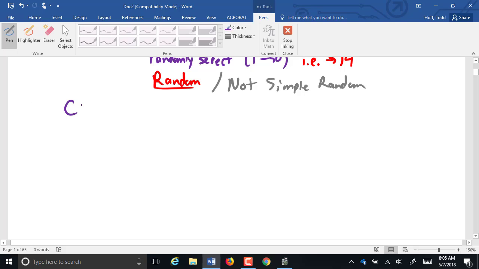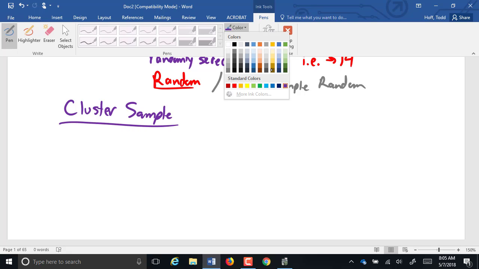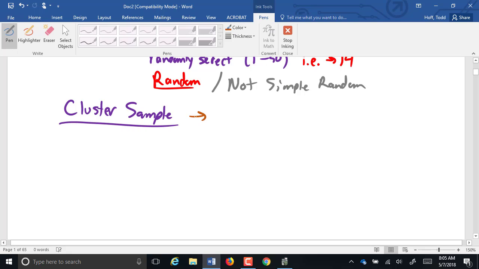There's something called a cluster sample. Similar to the stratified sample, you divide your population into groups again. But then rather than selecting some from each group, you select whole groups.